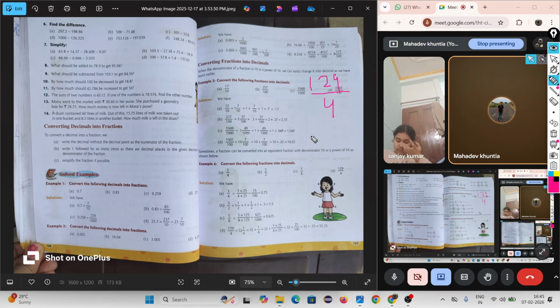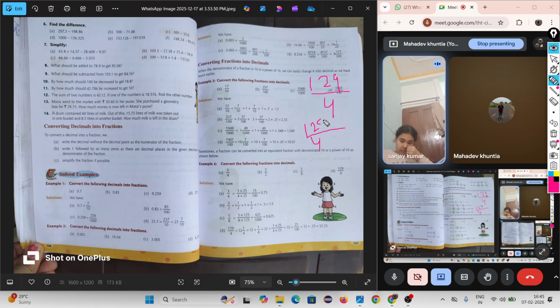What do you multiply with 4 so that your denominator becomes 100? 25.